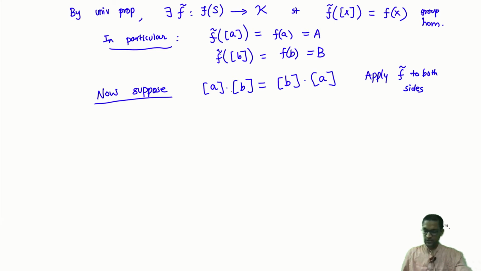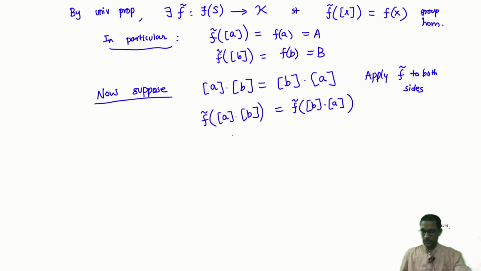These two sides of the equality are both elements of the free group, and I apply the homomorphism f tilde to each of them. So f tilde will take the left hand side to an element of K and the right hand side to an element of K. So I'm going to apply f tilde to both sides, and this is what I get.